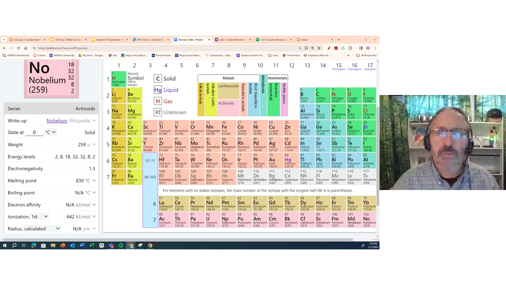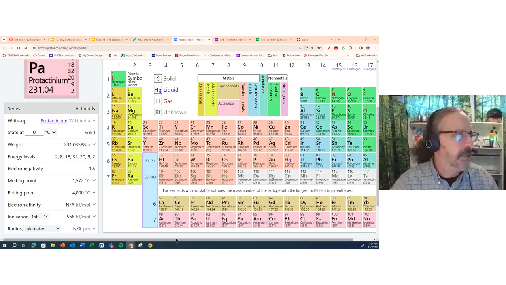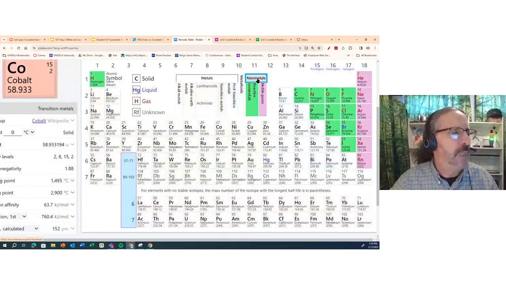When you look at this, if you're looking for nonmetals, hydrogen over there in the corner on the left-hand side is green, so that's a nonmetal. If it starts with hydrogen or carbon or nitrogen, then it's covalently bonded.